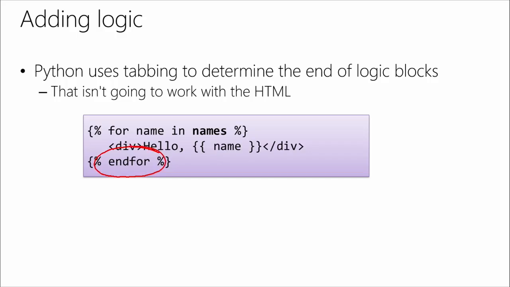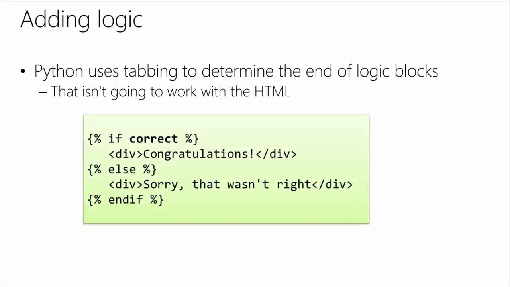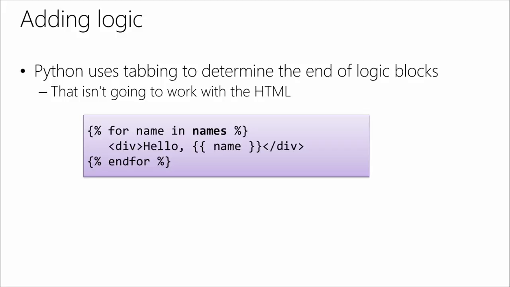So the tabbing isn't always going to come out quite the way that I want it when I'm dealing with both HTML as well as code. So as a result, we need to get a little bit more explicit here, that you're going to notice that we've got end for to end our for block, and you'll notice that we've got end if to end our if block.